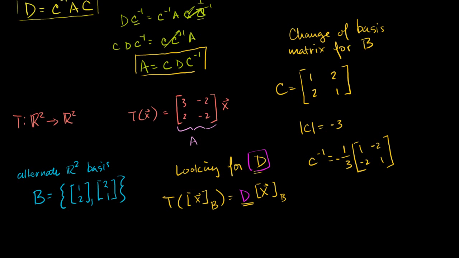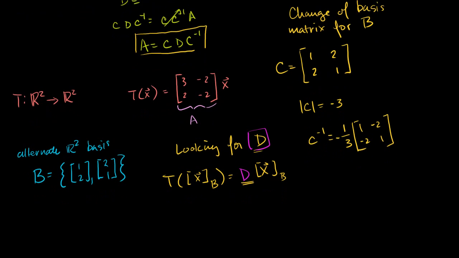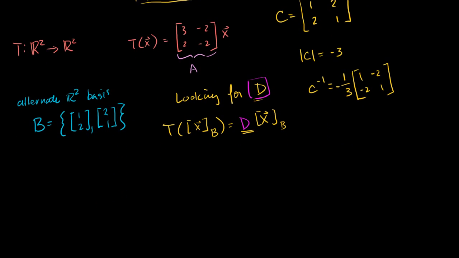So let me write it down here. The D that we're looking for is going to be equal to C inverse times A times C, which is equal to C inverse, which is minus 1/3 times 1, minus 2, minus 2, 1, times A. Let me do this in a different color.